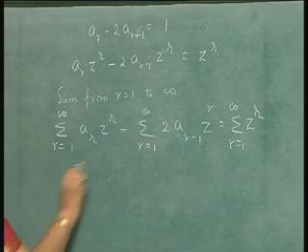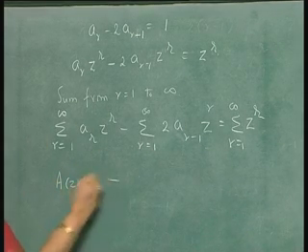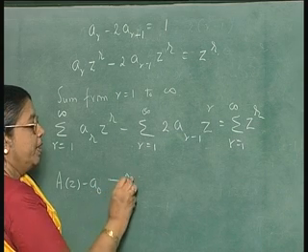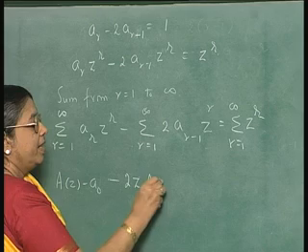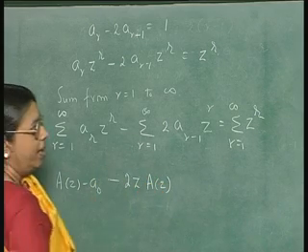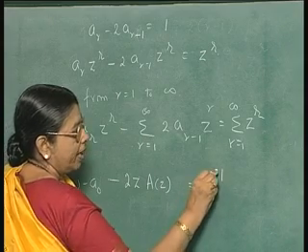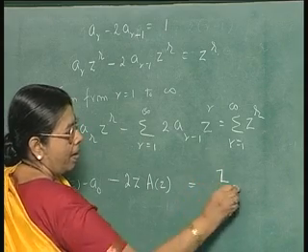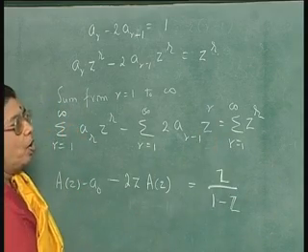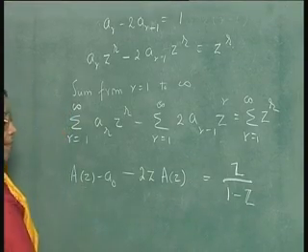So, this you know is A(z) minus A naught, and this is 2z A(z), 2 you take out, and then the right side is z by 1 minus z, because z you can take out, then it will be a sum 1 plus z plus z squared and so on, which is 1 by 1 minus z.